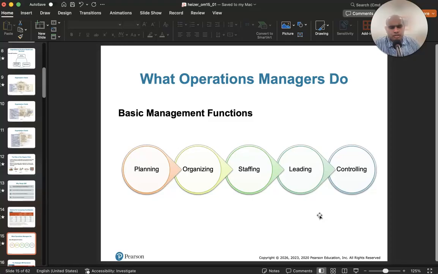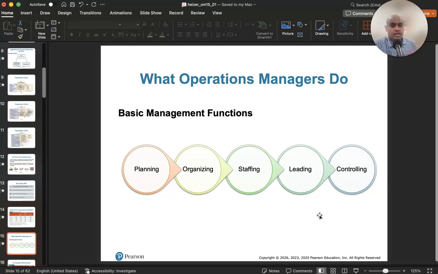So what do operations managers do? If you are going to be an operations manager, or if you're looking to get a job as an operations manager, these are the different functions. You might not be leading all of these functions or working in all of these functions, but you will be working in one of these functions, right? So planning: what kind of products to make, what kind of services to offer. There's planning that goes into it.